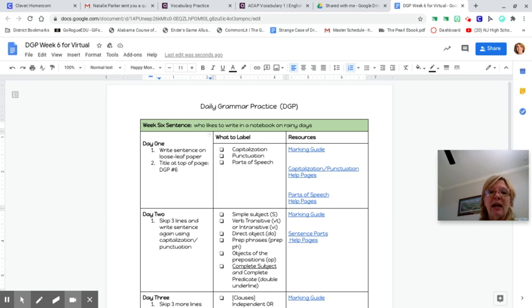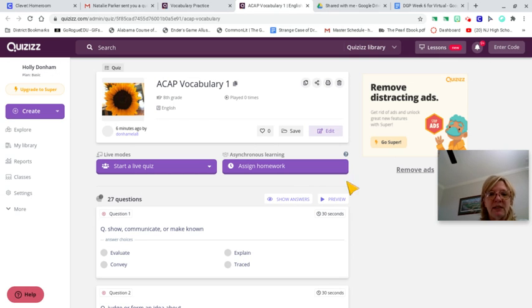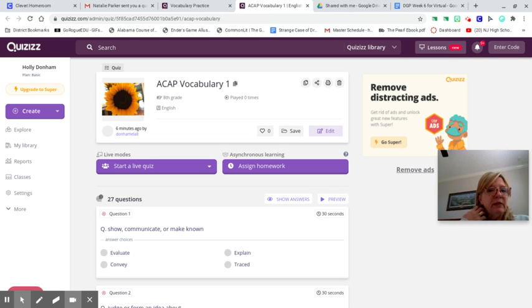So just set it aside, and then you're going to go back to Google Classroom and click on the vocabulary practice. It's a Quizizz, and so you'll need to log in using Google to sign in to your ACAP vocabulary.